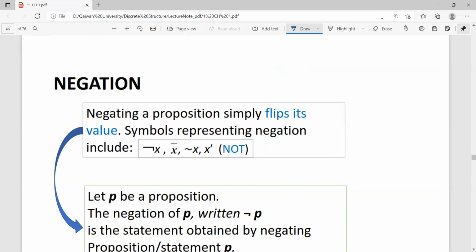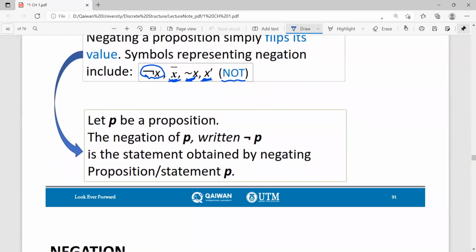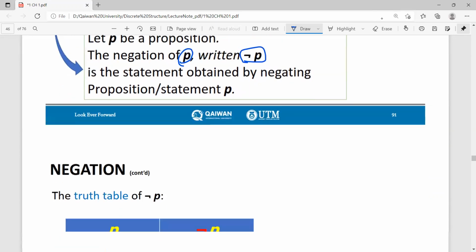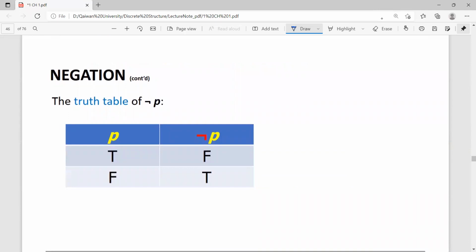Here we use these symbols for negation. We usually use this one, but in other references, if you see these, this means negation. So for negation of P, we write down this. That means it's negation of P. Look, here you have only one proposition, one symbol.